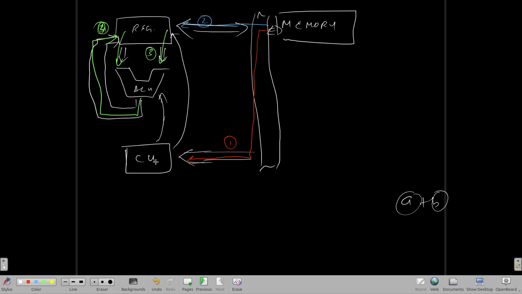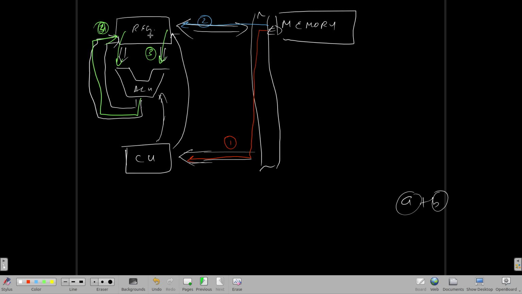The instruction is taken and decoded, and the control unit understands what instruction is to be executed. Then whatever data is required is taken from the memory or input output device. For simplicity, let's say it is in the memory. It is taken to the registers, and from the registers the data is taken to the ALU, and the control unit tells the ALU what to do, and the result is stored back into the registers.